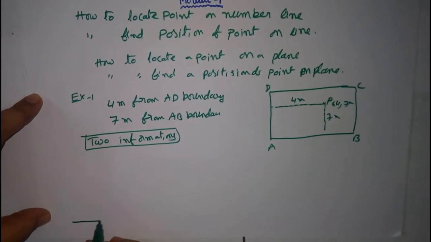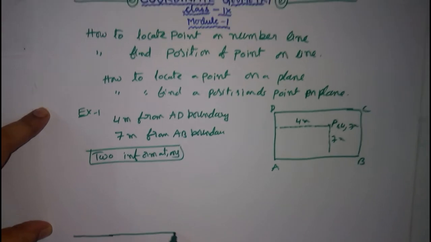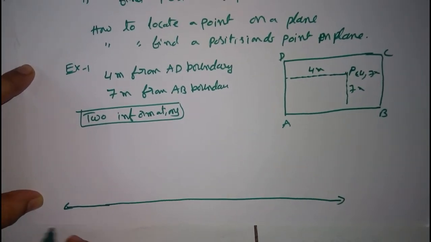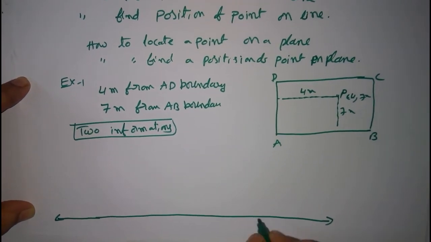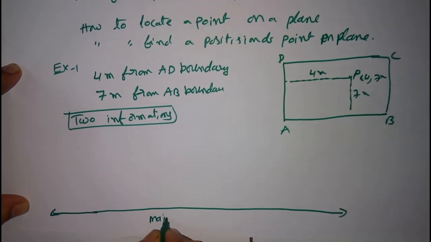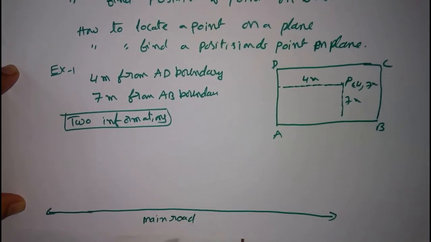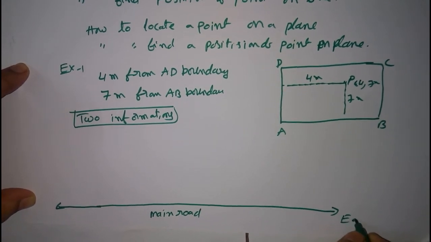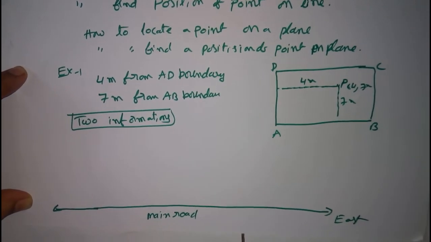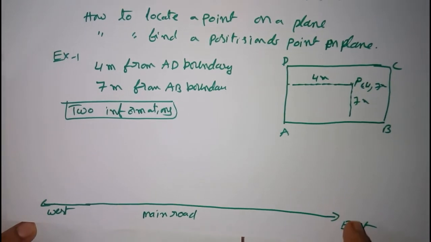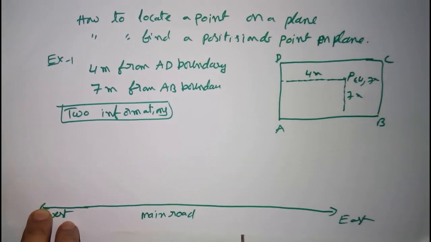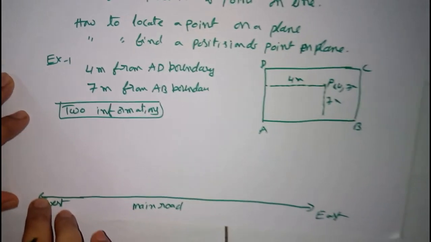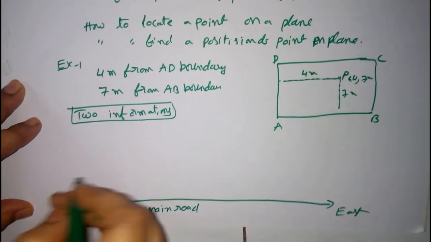Generally, we observe street lines and main roads in a city. So there is a main road running east to west, and the streets are numbered from west to east.